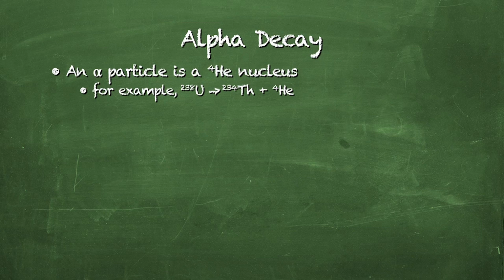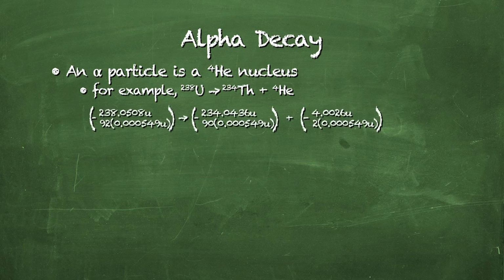From a table of isotopes, the atomic mass of uranium-238 is 238.0508 atomic mass units. Now we have to subtract off the mass of 92 electrons, so that would be minus 92 times 0.000549 atomic mass units.